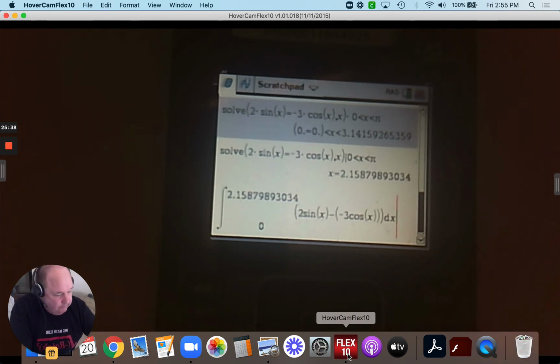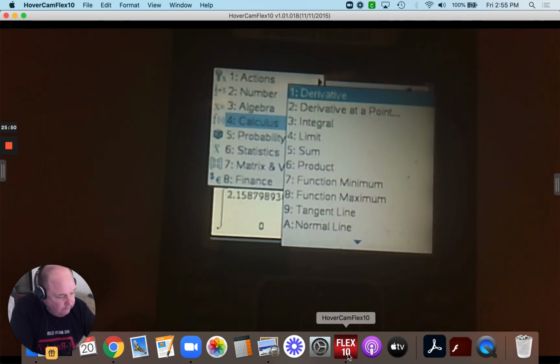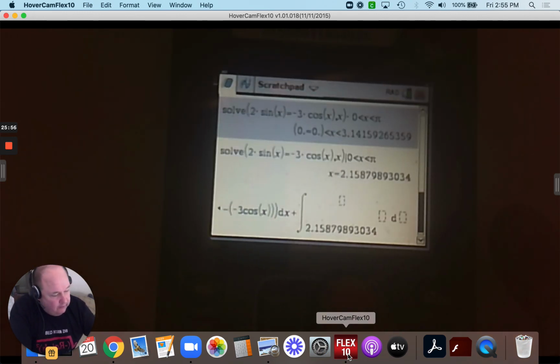Plus, menu, calculus, integrate. And now, again, I'm going to go Control V because it's already in the calculator, so I don't have to do it again. It goes to pi.